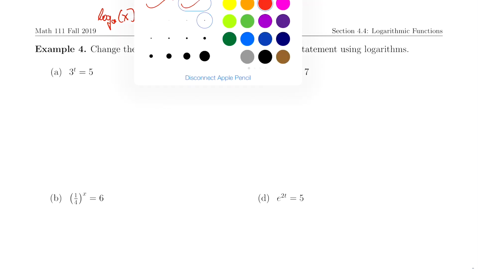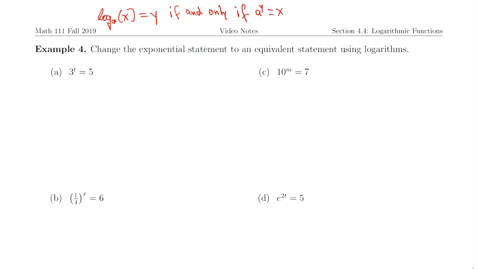So let's look at our first example, 3 to the t's power equals 5. Now our base, remember, stays the same, so our base is 3, therefore we are talking about a logarithm to the base 3, and logarithms are always basically solving for the exponents.